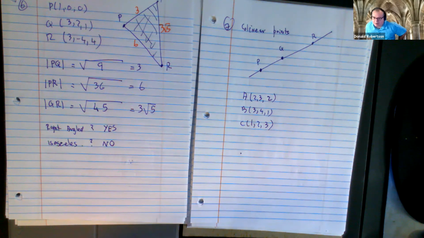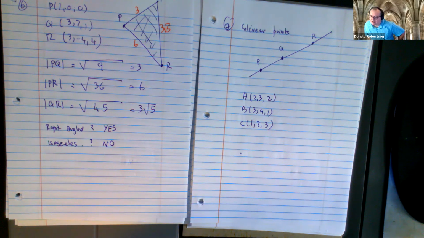Okay. Now, how do you prove that 3 points are collinear? Because the answer is just going to be yes or no. I don't want you to just say yes or no, because you could say yes, and if it's wrong, you'll say no, and the question's over. It's easy to do as homework, but we want to be able to do it, not just randomly guess till we get it right.